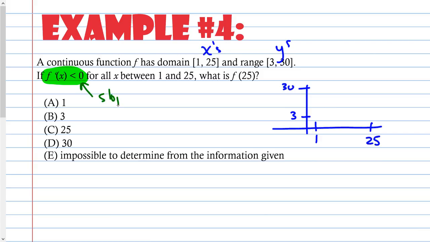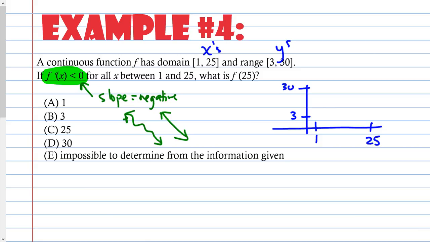If my slope is negative, then that means that my continuous function is strictly decreasing. It's going down like this. It could be a funky curve, or a straight line, whatever. It's just a continuous function that's going down.